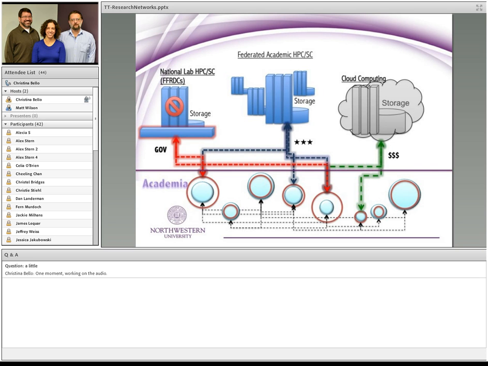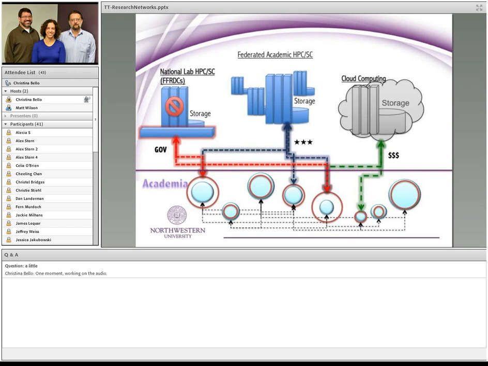In general, we are talking about three possible options. You can use cloud computing, which is private industry. You can use a federated or academic center or a supercomputer, which are typically housed in academia but directly funded by the federal government. And there is also the option of the national lab, high-performance computing centers or supercomputers.